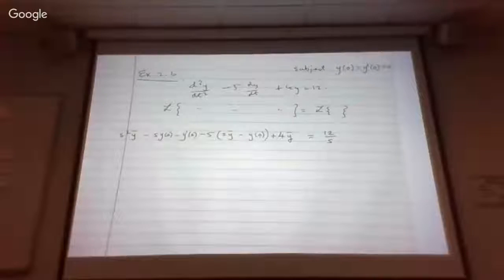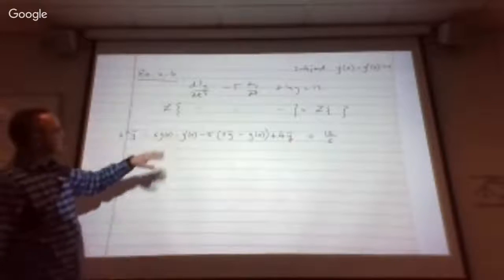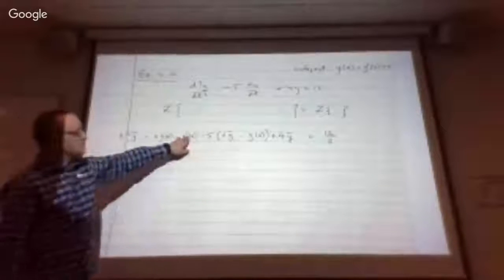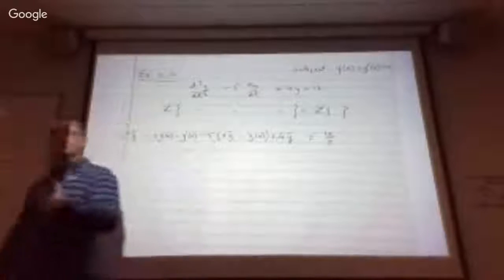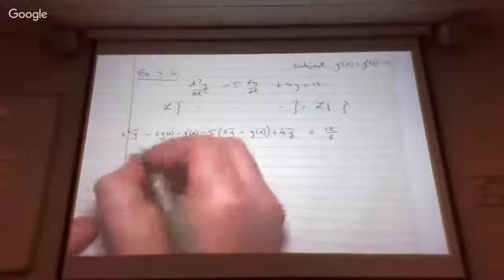In a physical context, if y of t was the position of something at time t, those initial values would correspond to the thing beginning at position 0, but with 0 velocity at the start, y prime of 0 being 0. Now that simplifies things somewhat, because then we know that this is 0 here, this is 0 here, and this is 0 here. So it simplifies the left-hand side.